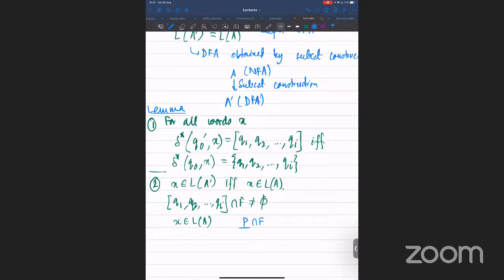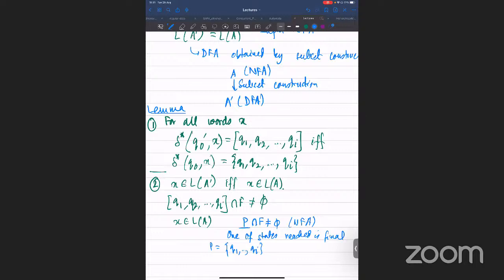So if P intersection F is not equal to empty, it means one of the states reached is final. And the first lemma gives you that P is indeed {Q1, ..., Qi}. So the second part is very easy to prove.